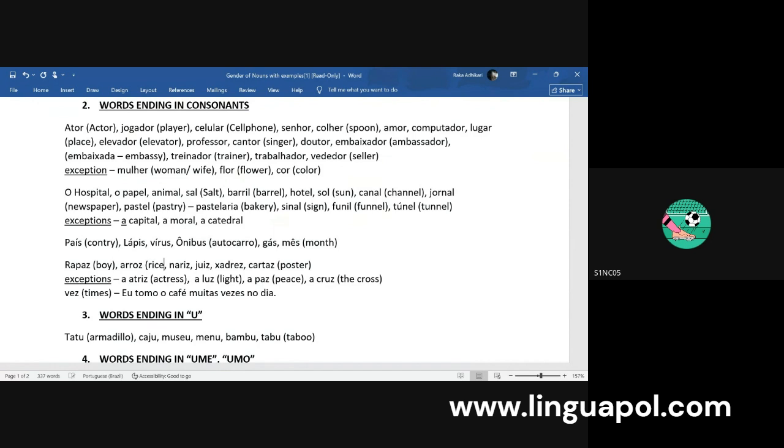Rice. Yes, rice. Okay. Nariz. Anyone? Meaning of nariz? Yes, nose. Juiz? Juice. No, it's a judge. Judge. Yeah. The feminine version would be juíza. A male judge is called juiz and female judge is called juíza. Then Shadresh.